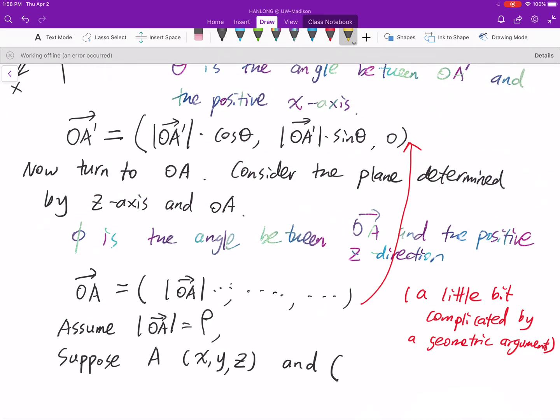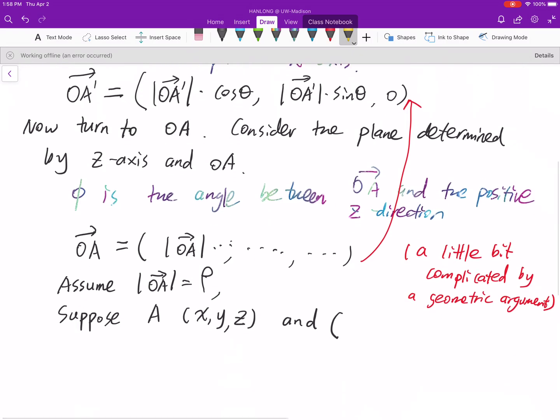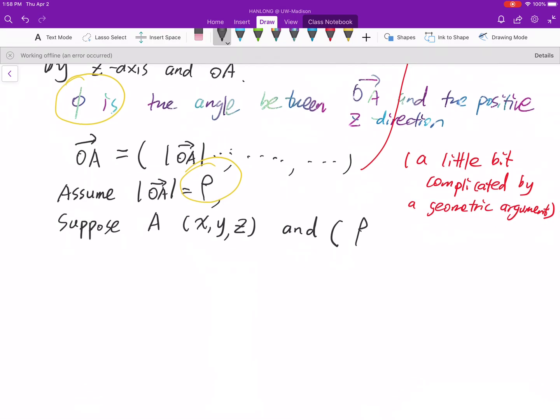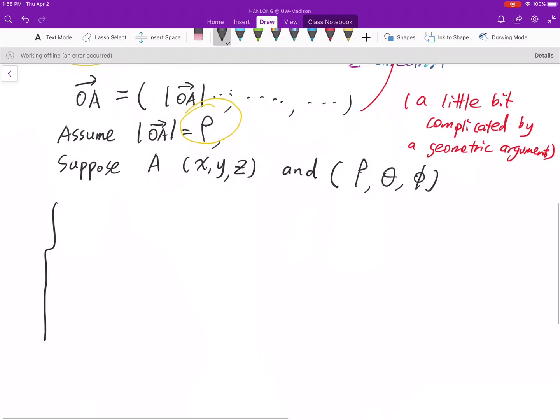So totally you have one parameter here, theta, phi, and rho. Therefore, you expect to have a solution for x, y, z in terms of rho, theta, phi.